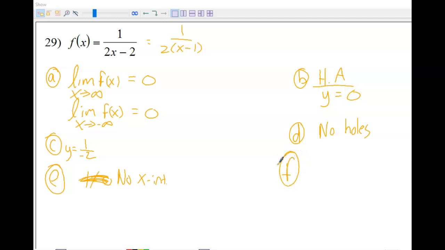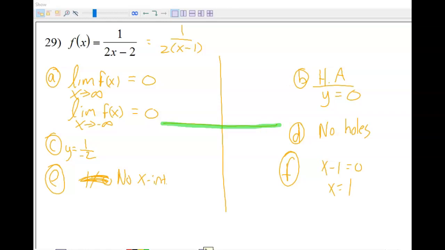Anyway, let's continue. Vertical asymptotes is next. That's where the bottom equals 0, and that's what this number is here. So x minus 1 equals 0. There's my vertical asymptote. So we're ready to graph. So this graph has a horizontal asymptote at y equals 0, the x-axis there.